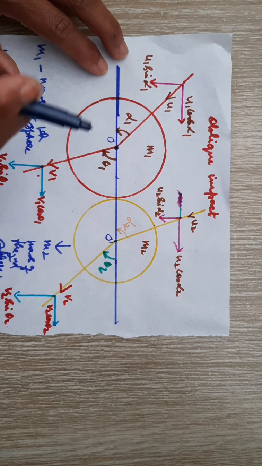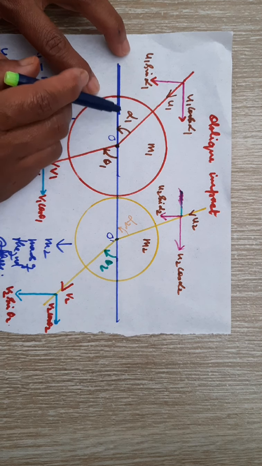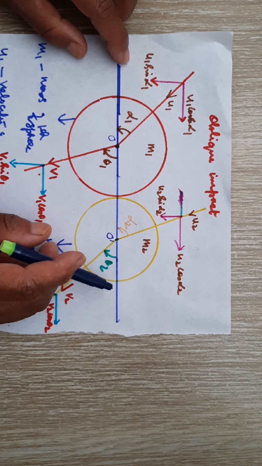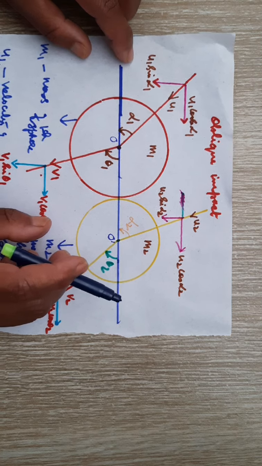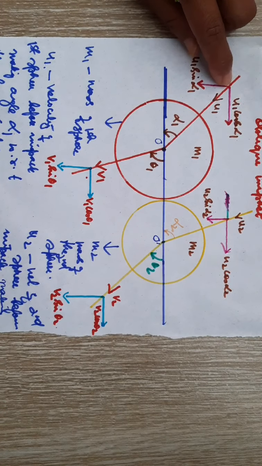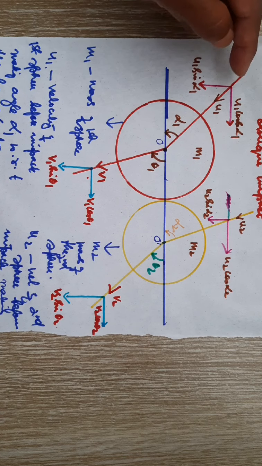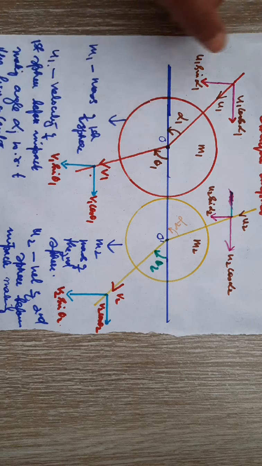Now, since the two spheres are smooth, the action and reaction will take place only along the line of centers. That means perpendicular to the line of centers, there will be no action or reaction. That means the component velocity will remain unchanged. That is, the component velocity of the first sphere perpendicular to the line of centers before impact will remain the same even after impact.